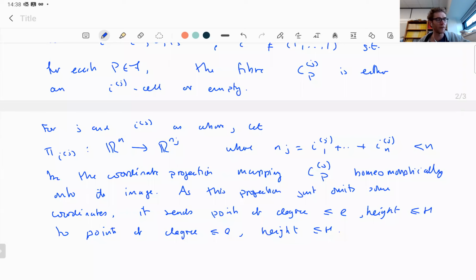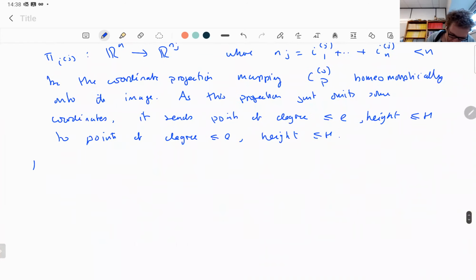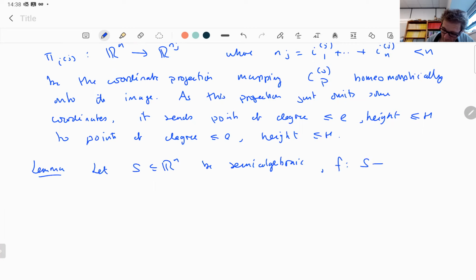Now we need a lemma that I proved last time. I'll state it again. So the following: let S in R^n be semi-algebraic, and F an injective semi-algebraic function.